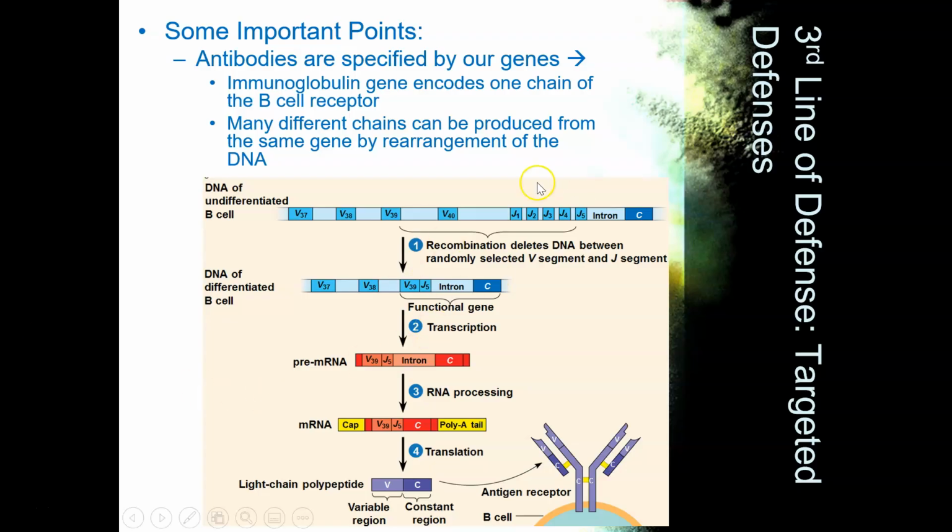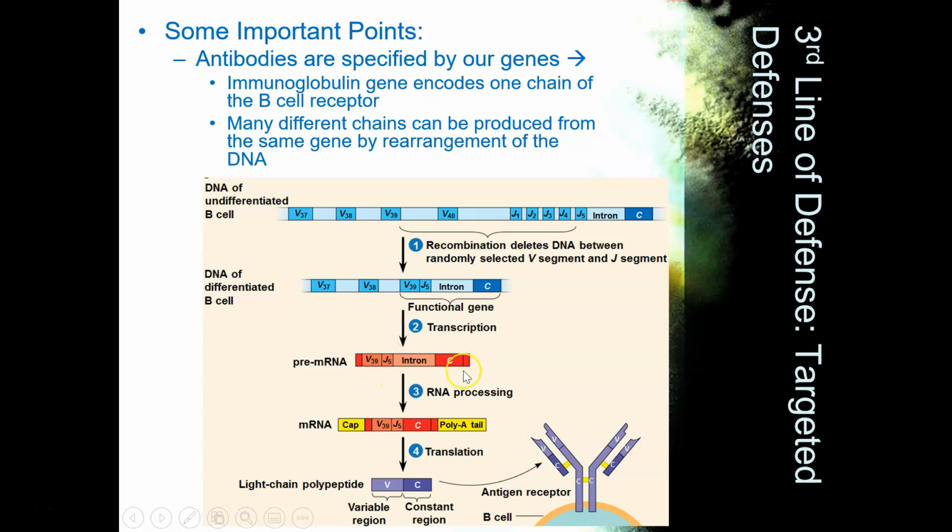So if I take this piece here, I've got these individual genes, okay? When we go through transcription, we're going to make RNA copies of this. We get to a differentiated B cell. Now it only contains this functional set of genes for this particular antibody.